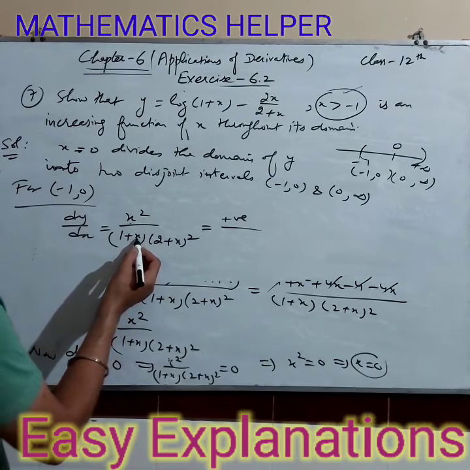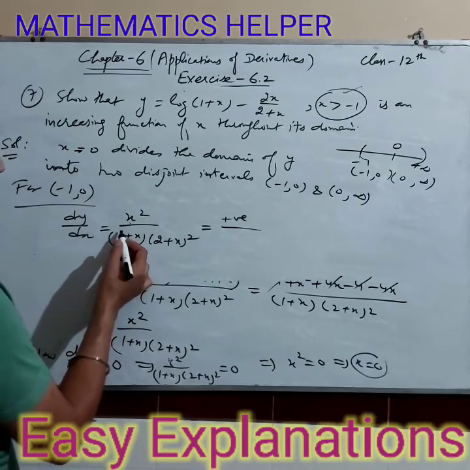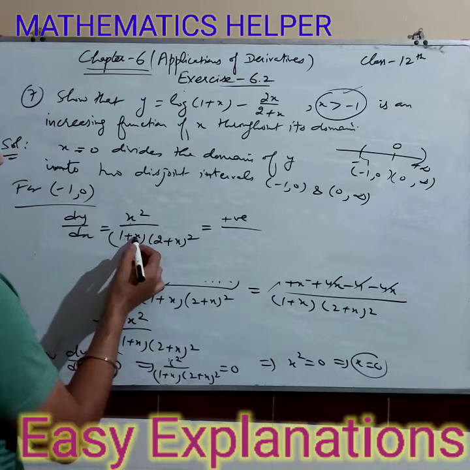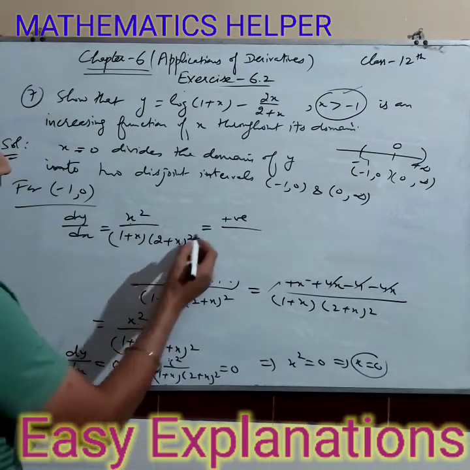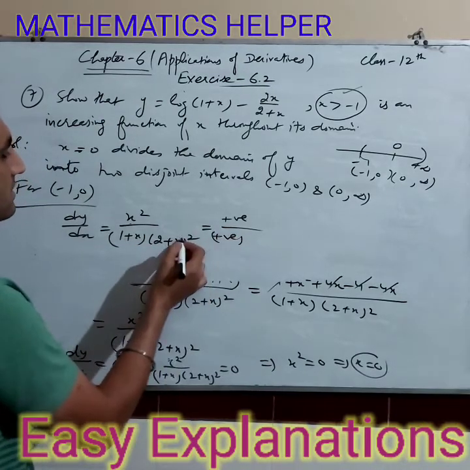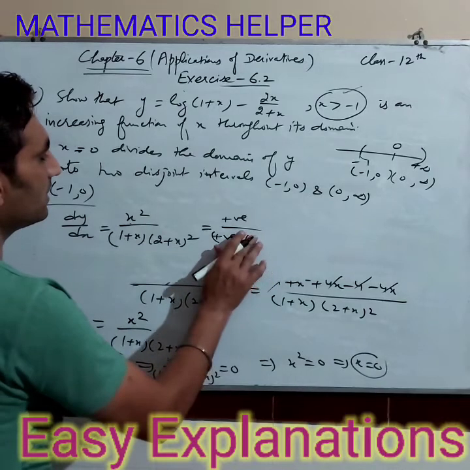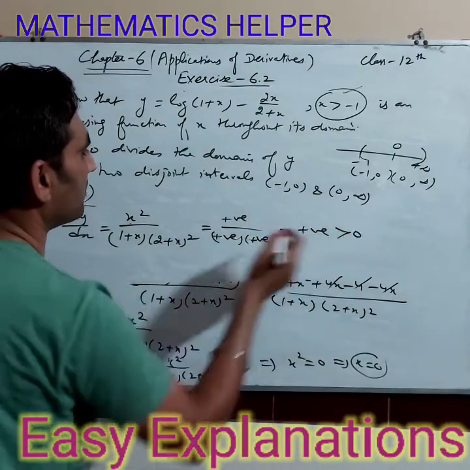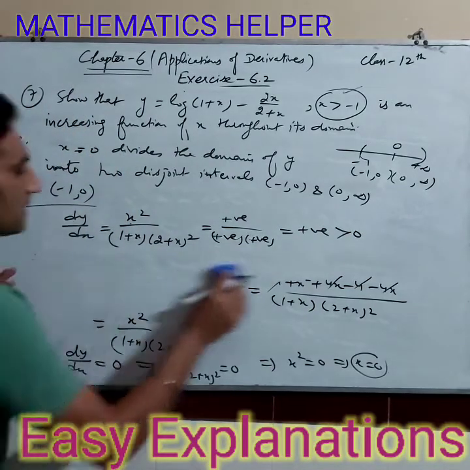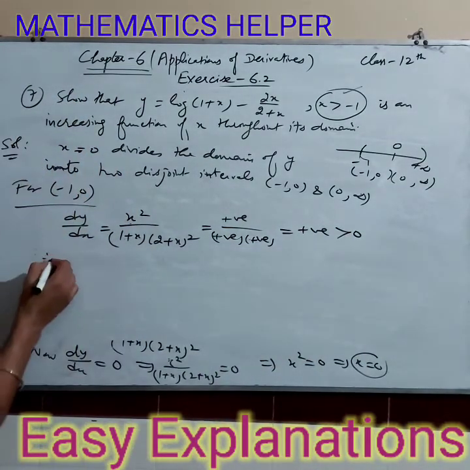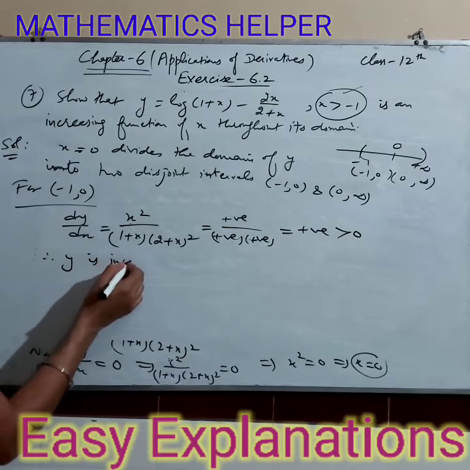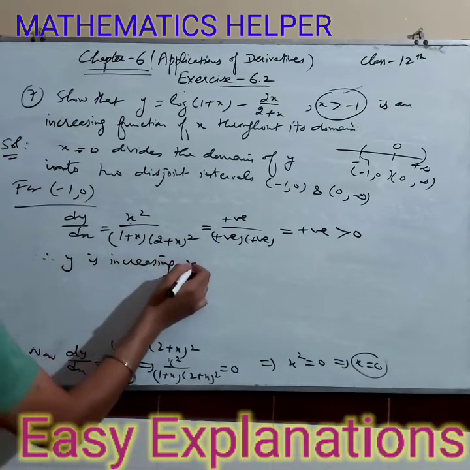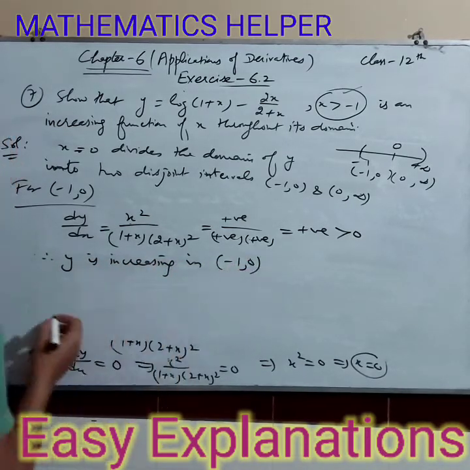And minus 0.5 when you add to 1 gives 0.5, a positive value. And here it is square, so whatever comes, it will also be positive. So we can say our final answer will remain positive, or greater than 0. Therefore we can say y is increasing in minus 1 to 0.